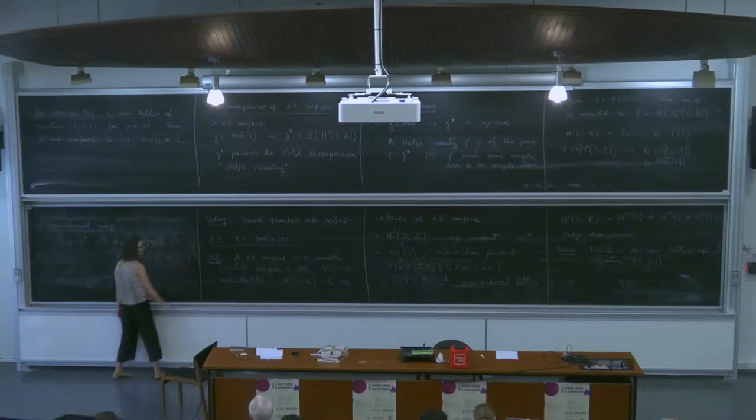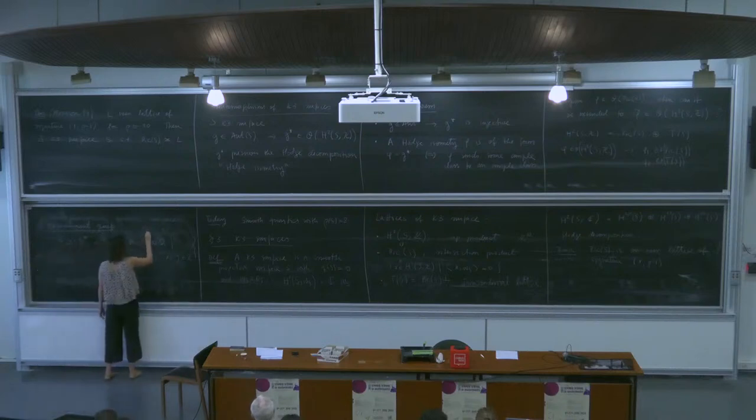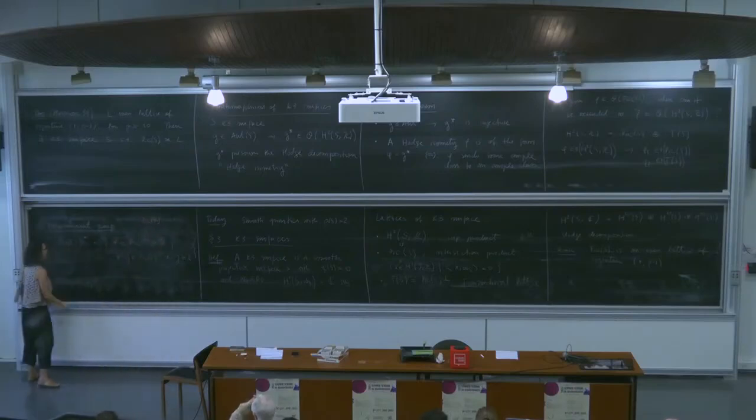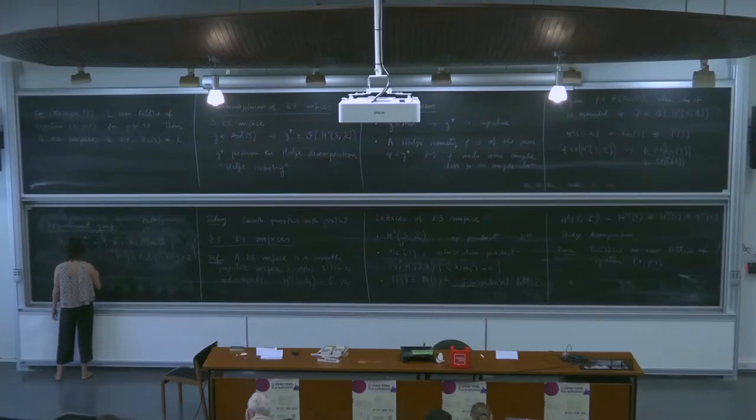This is the dual lattice, and in general it is a bigger lattice, but it contains for sure the Picard lattice. And we can define the discriminant group, let me call it A of S, to be just this quotient. So this is a finite group.